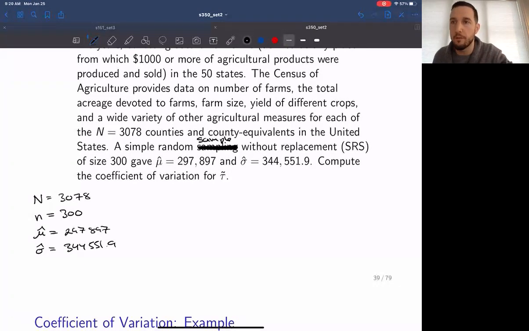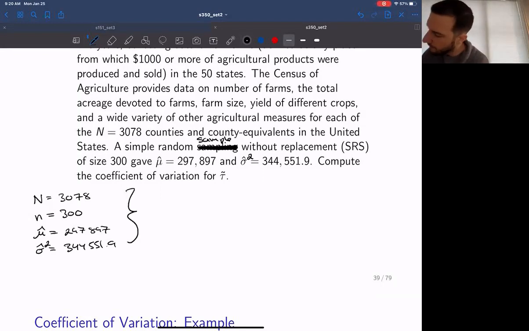This estimate of sigma is actually larger than the population mean, so the dispersion in this data set is extremely large. Okay, actually, the reason for that is because this is actually sigma hat squared, which makes way more sense because that value is way too big to just be the standard deviation. Okay, so this is our variation.